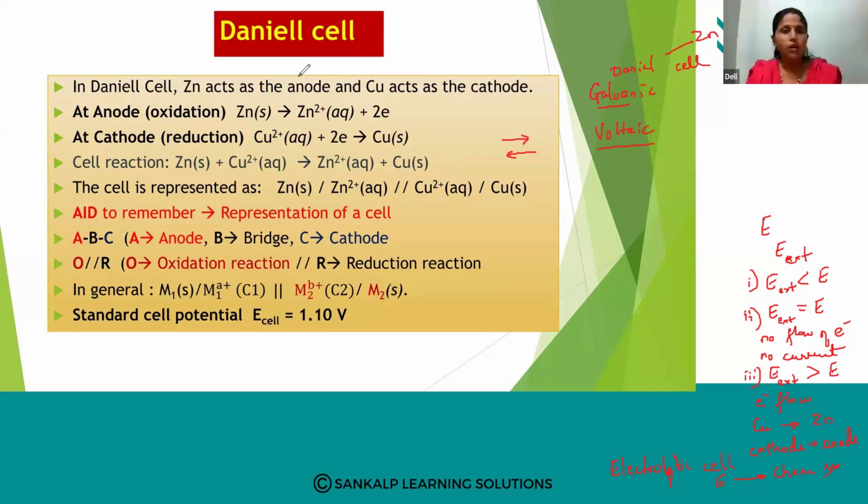The first important term we are going to talk about is redox couples. What do we mean by it? We saw the reaction in the Daniell cell between zinc and copper.